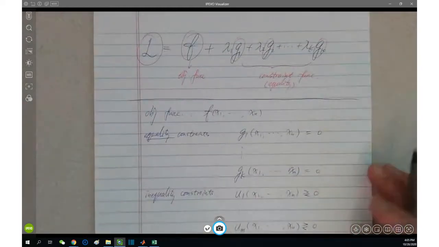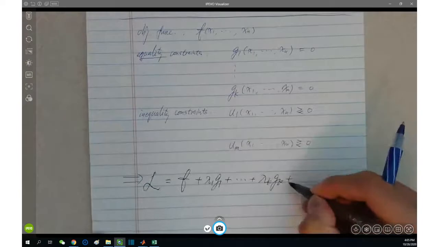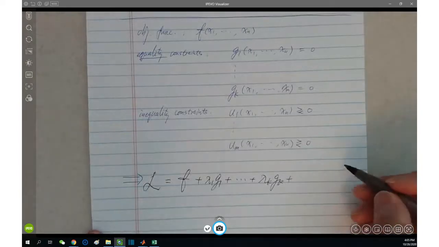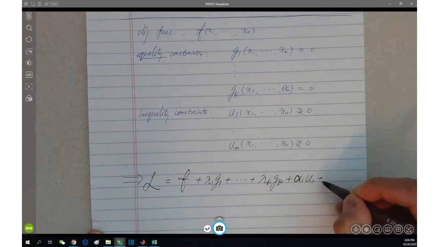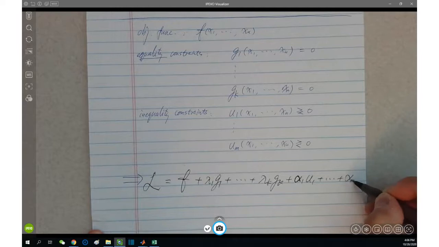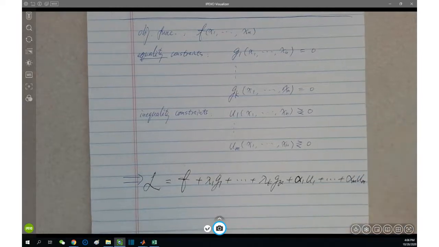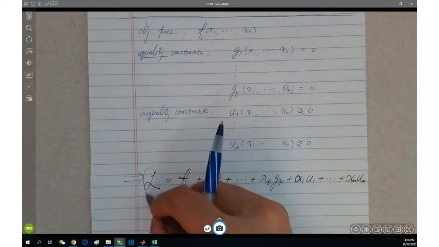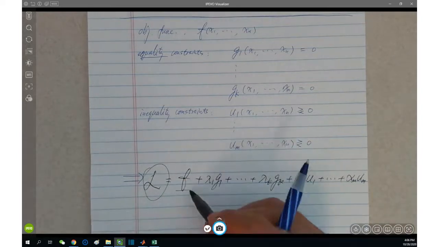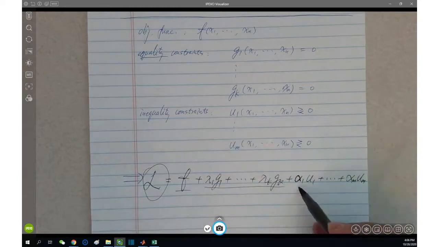Now it's very natural. We are introducing different constants, say lambda 1 u1 add up to lambda m um. So this is a new Lagrange multiplier, including the objective function, equality constraints, and the inequality constraints. It's very straightforward.